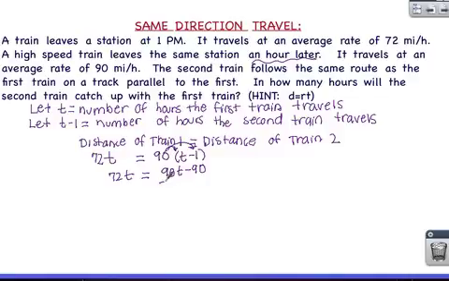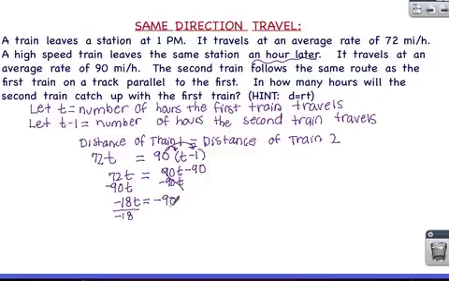We can subtract 90t from both sides in order to get t on just one side of the equal sign. And we get negative 18t equals negative 90.